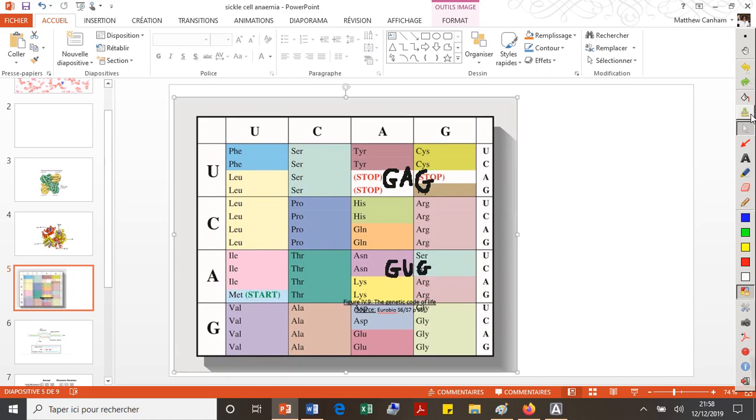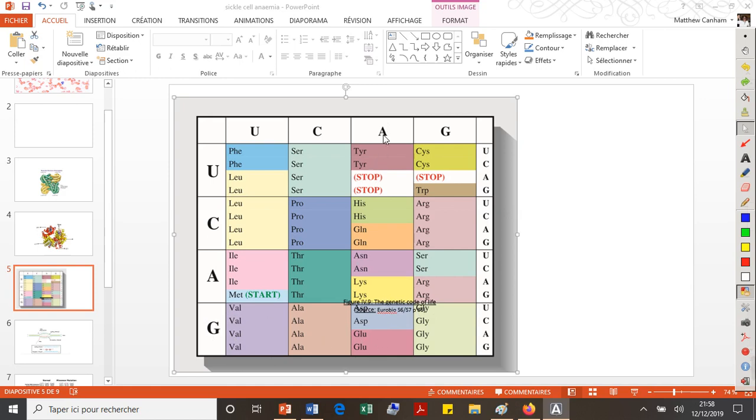I'm going to take these off. Okay. So GAG. So I look at the first letter G. So that means I'm going to be on this big line. Then A. So this is going to be GA. So I'm in this box now.